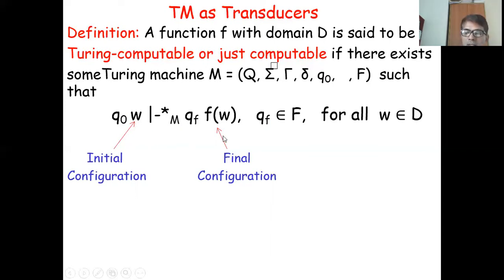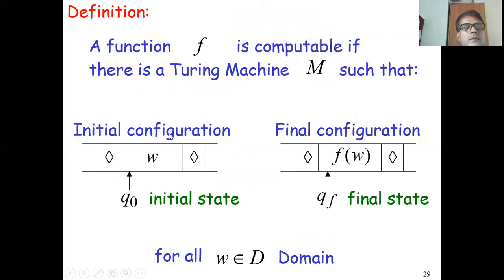It will compute the function. Initially on the tape we have W, so Q0 is pointing to W. Finally, we reach the final state QF, which points to the computed function f of W for all W belonging to D.